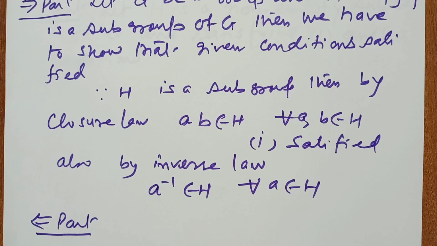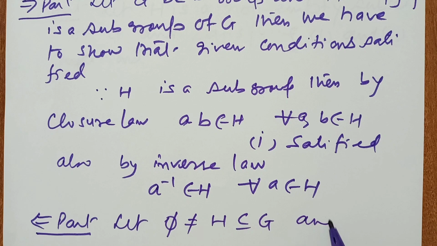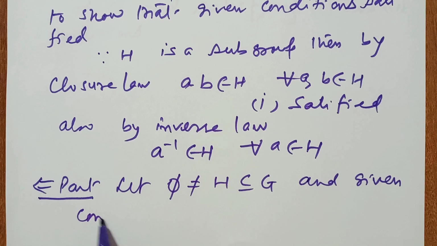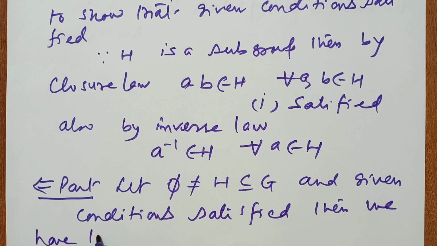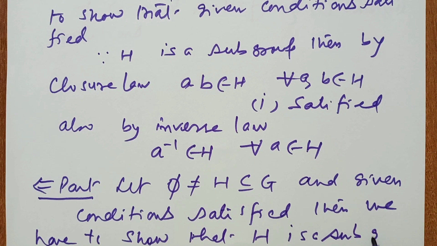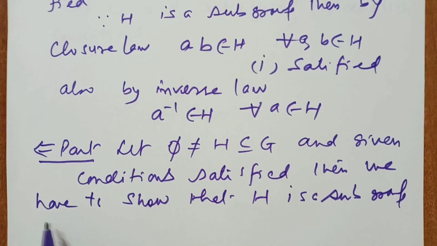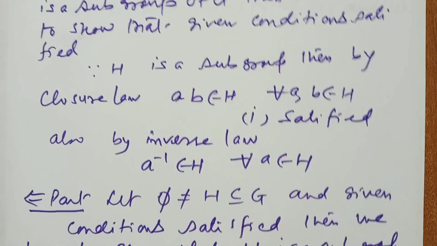The converse part is that let H be a non-empty subset of G and the given conditions satisfied, then we have to show that H is a subgroup of G. Okay, so now this is very interesting.